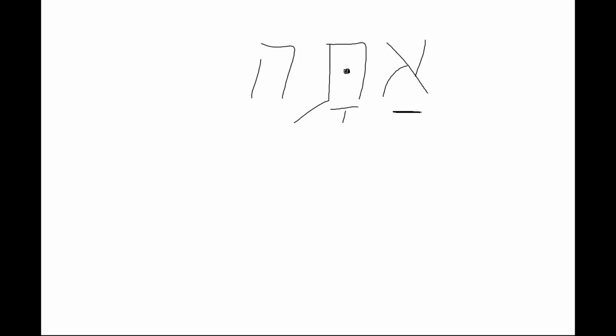The transliteration for the aleph would be that, and then the patach would be an A. Then the tav, we have two tavs. Then the qamets under the tav would be an A. And then the hey, we would have H.